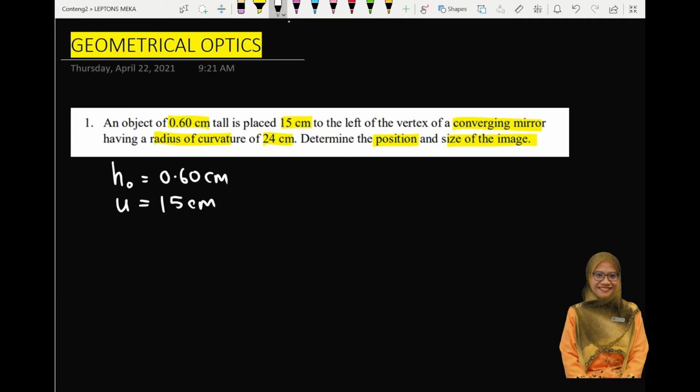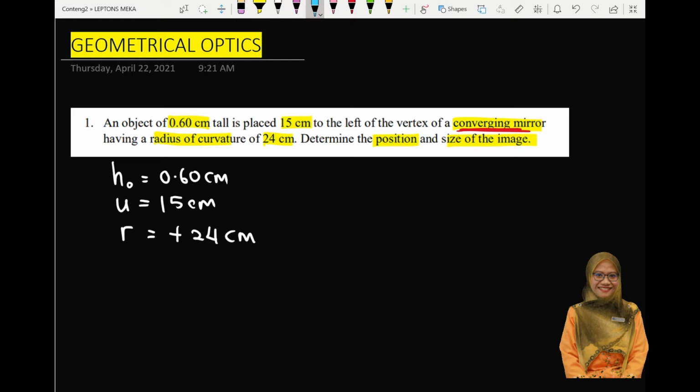And the radius of the mirror is 24. Be careful with this value. The radius can have a positive or negative sign, and it depends on the type of mirror. This one is a converging mirror, so your R is a positive 24.